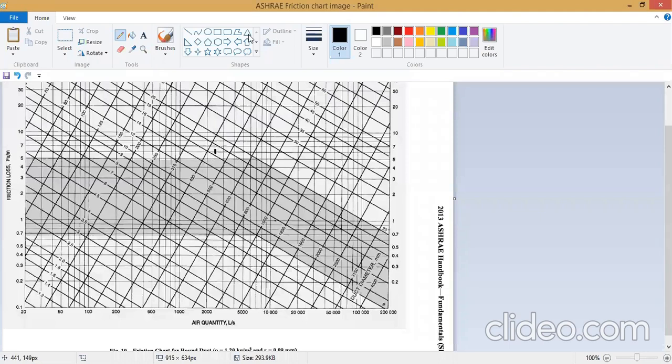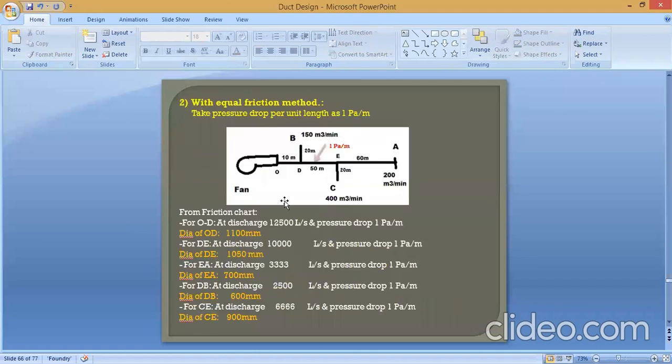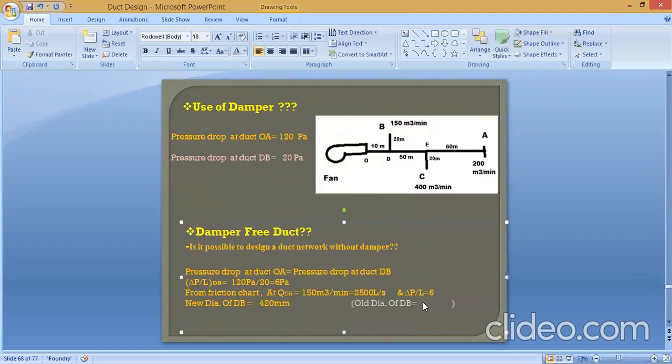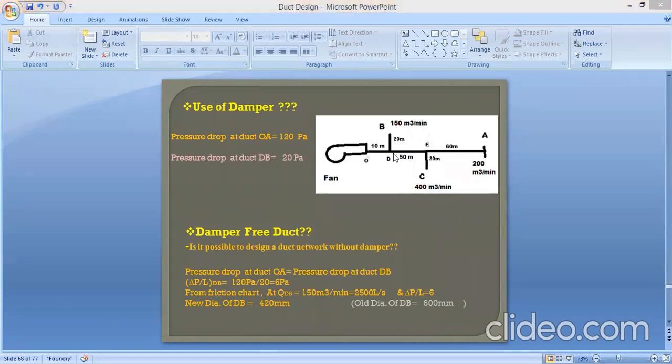Now it's interesting. With the given setup, the new diameter of the DB is now 420, and previously, while calculating with the equal friction method, the diameter of D to B came to be 600. The old diameter was 600, but if you want to remove the damper, you can reduce the diameter from 600 to 420 of this duct or this branch D to B, so that you don't require any damper.